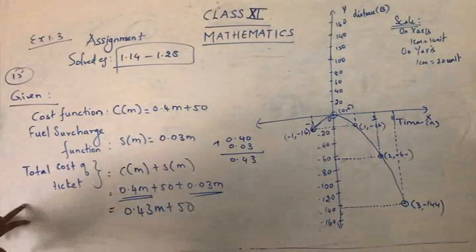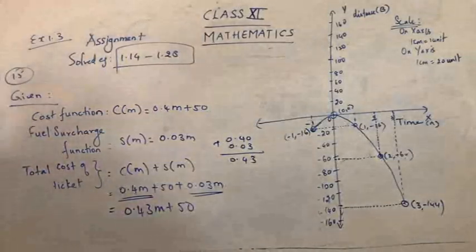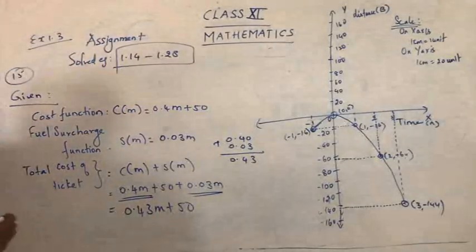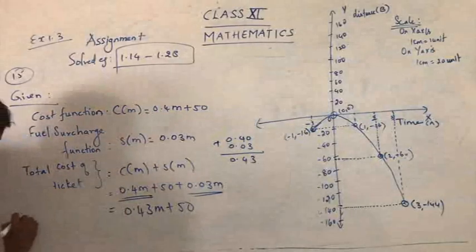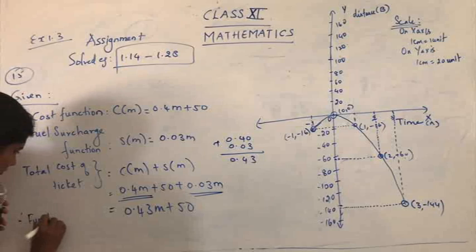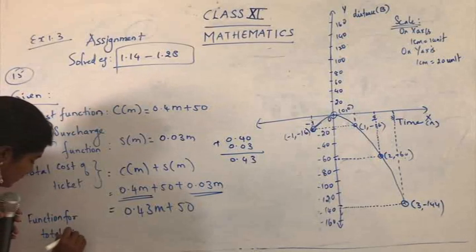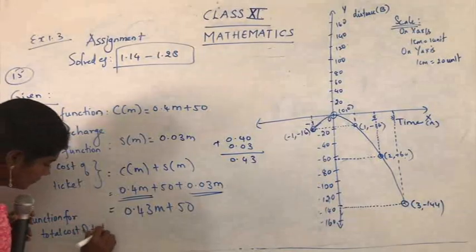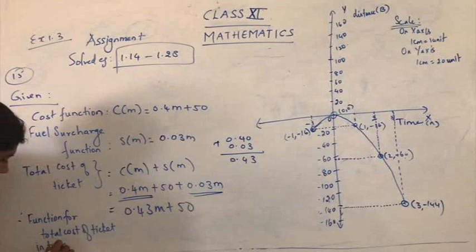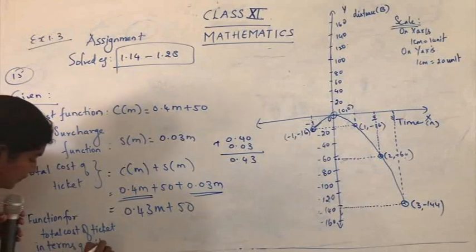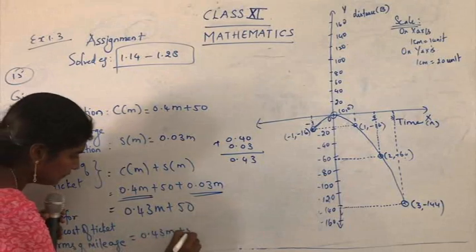So this is the function for the total cost. Determine a function for the total cost. Therefore, the function for total cost of ticket in terms of mileage is 0.43 M plus 50.